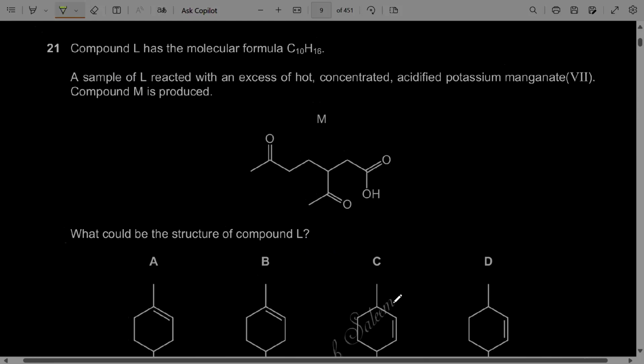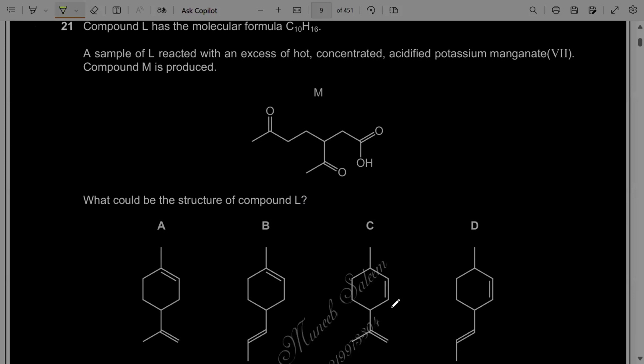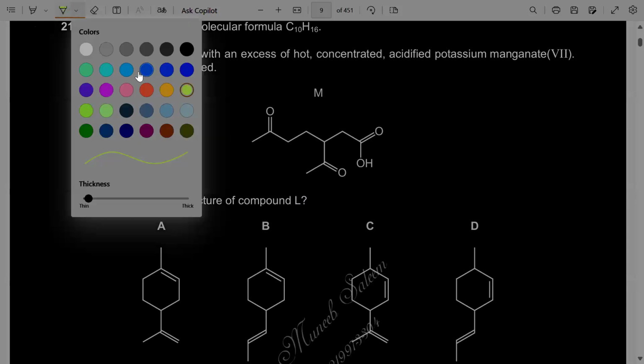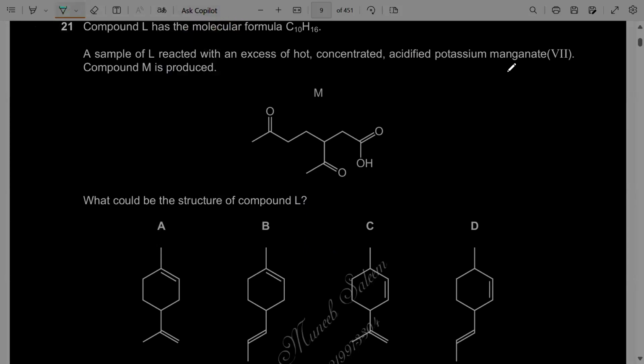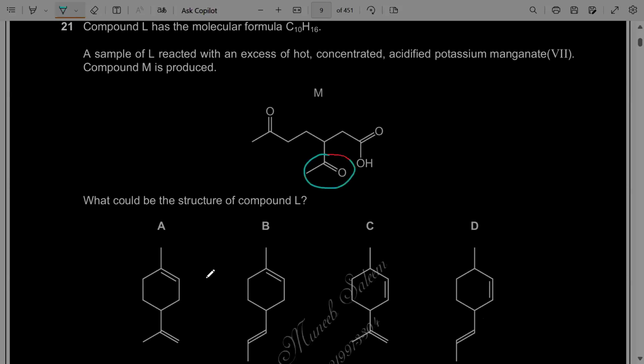Okay, so for this purpose, I need to find which compound among these 4 options is the right compound, which reacted with the hot concentrated potassium manganate to produce compound M. If you look at the M structure and compare with the given options, we can find that the part at the bottom of the structure resembles this part.